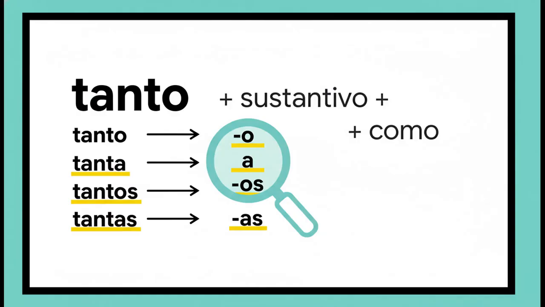Now, what's really interesting about this slide is the change right at the beginning of the equation. When we talk about equality with quantities, meaning as much as or as many as, the word tan becomes tanto. And here is the golden rule you absolutely must remember. Tanto has to match the noun that immediately follows it in both gender and number. So it could be tanto, tanta, tantos, or tantas, depending entirely on the specific noun you are counting.